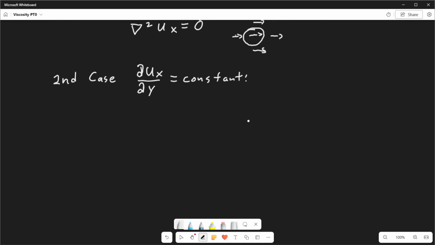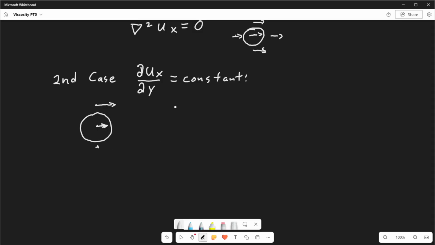So what does this look like? I'm going to draw this out here. There's the blob. There's fluid moving there, and then it decreases. It's like a linear decrease, like that's supposed to be a straight line. So the velocity just keeps decreasing.